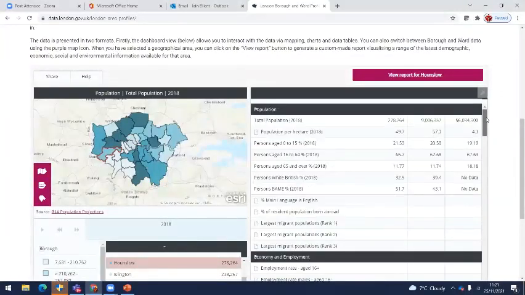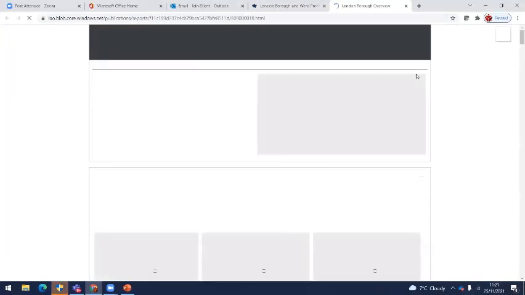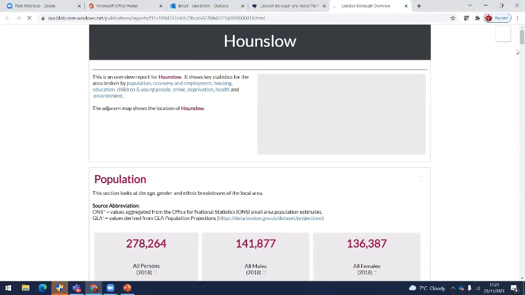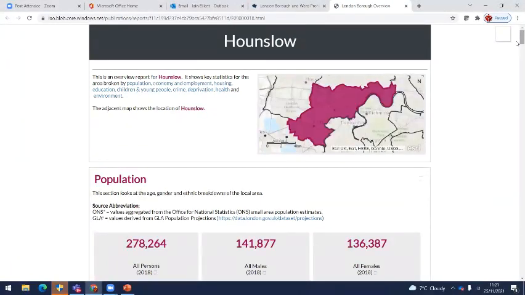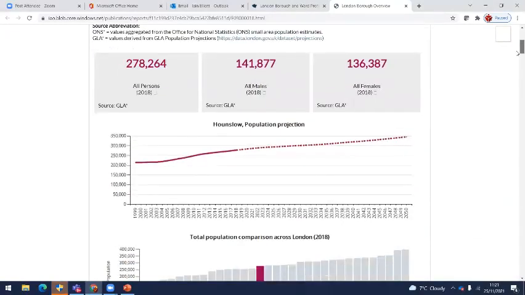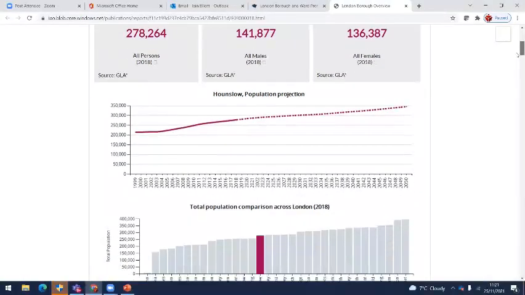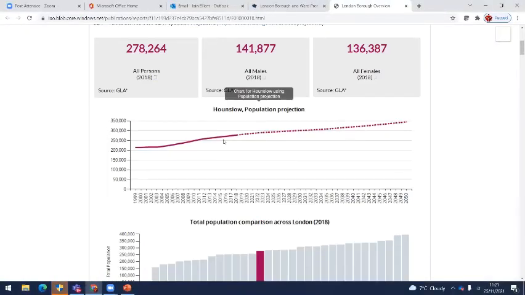You can also view a report for Hounslow. So it's got their 2018 population projection, going all the way up to 2050.